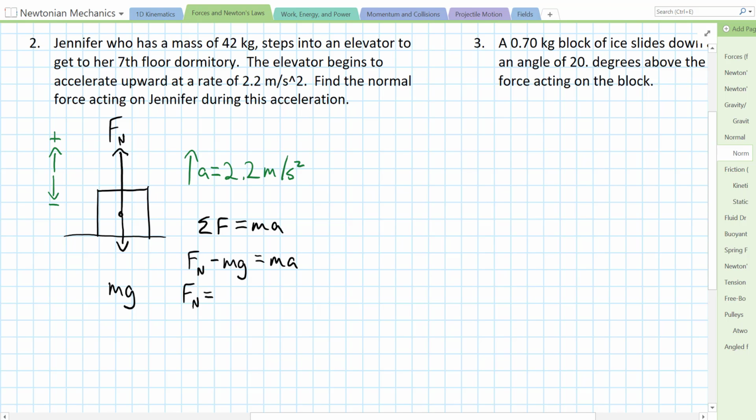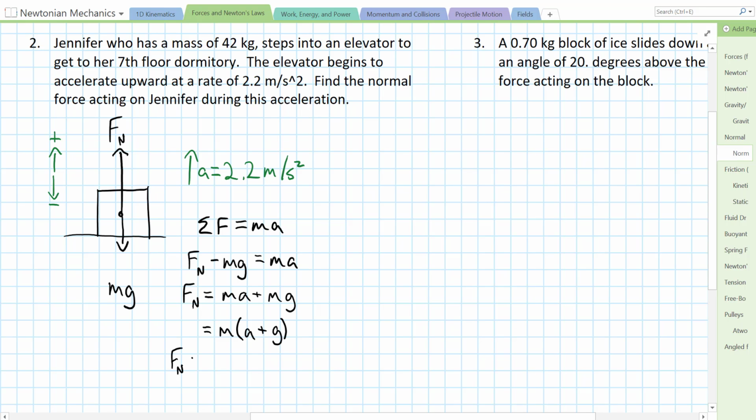The normal force is going to end up being ma plus mg. Or if we wanted to factor that m out, it would be m times a plus g. In this case, the normal force has to be greater than gravity by an amount equal to the net force, or mass times acceleration. So all we got to do is plug in our numbers.